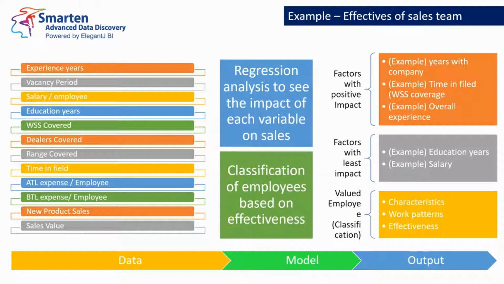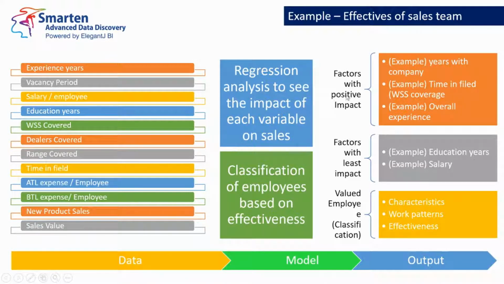Say we have to look at a position, and based on that there are different parameters which come from either the transaction system or the HR system, and you run a regression analysis on it as well as classification.